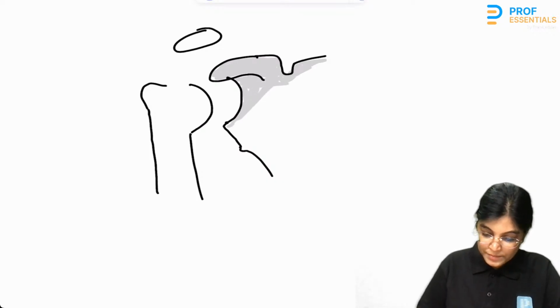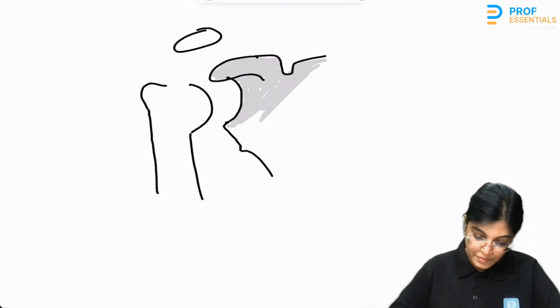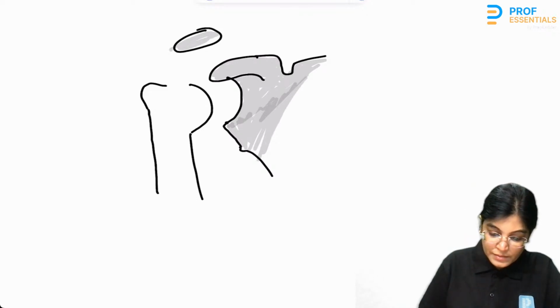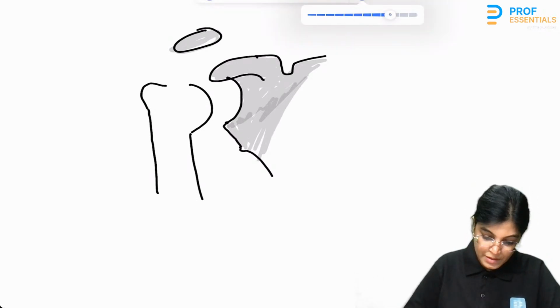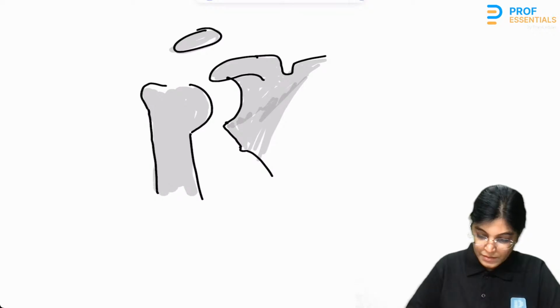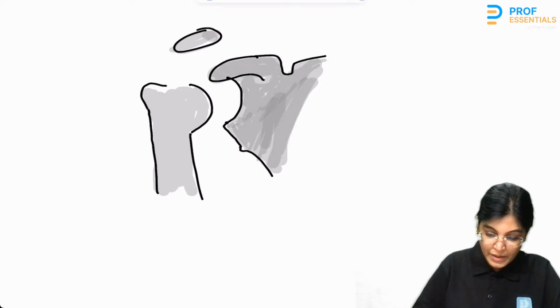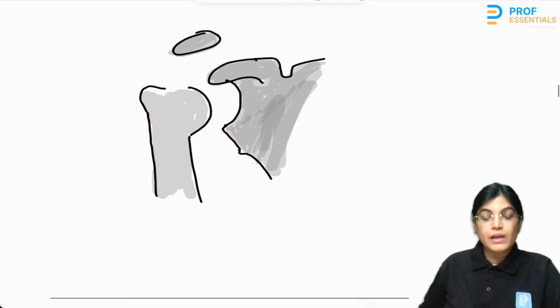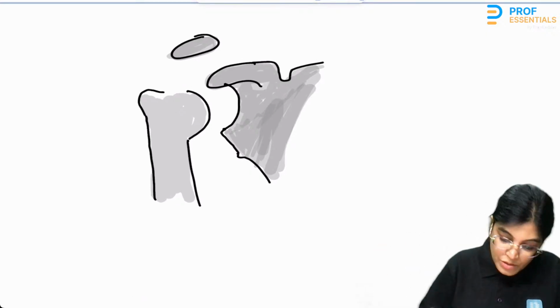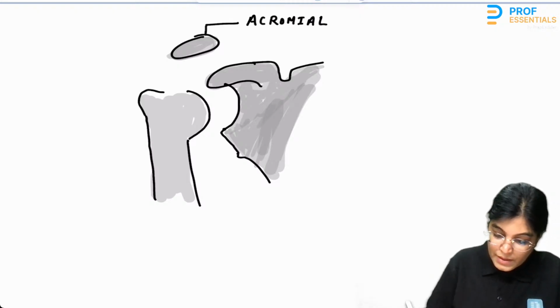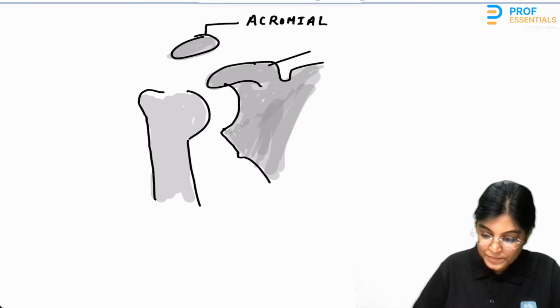This is the scapula. Okay, now. So this coracoid process and acromial process. So what is this? This is acromial process. This is coracoid process.